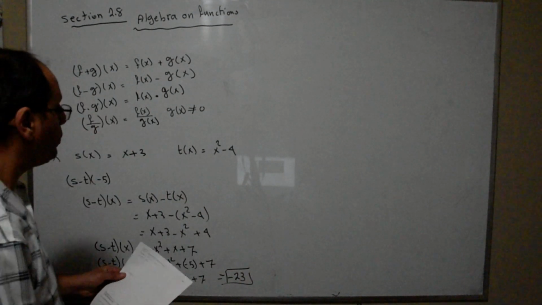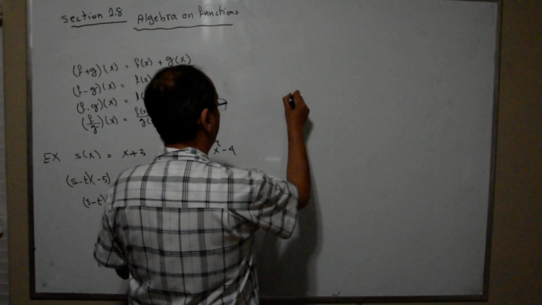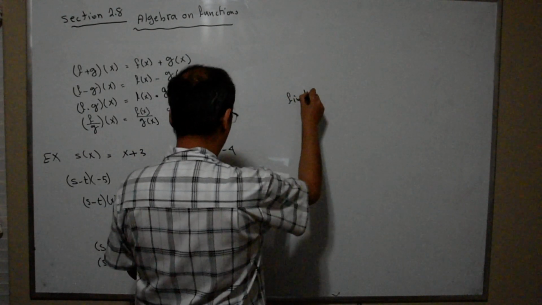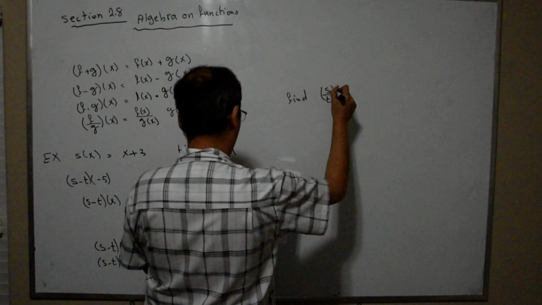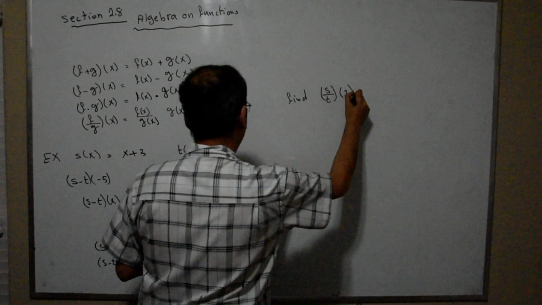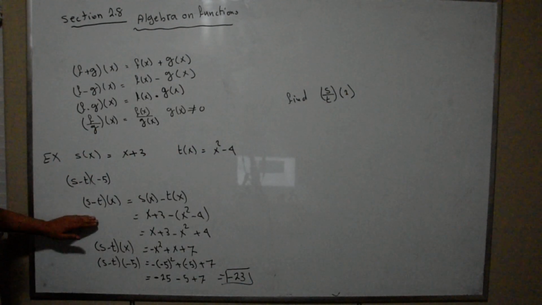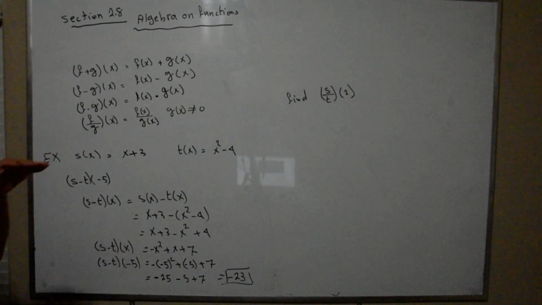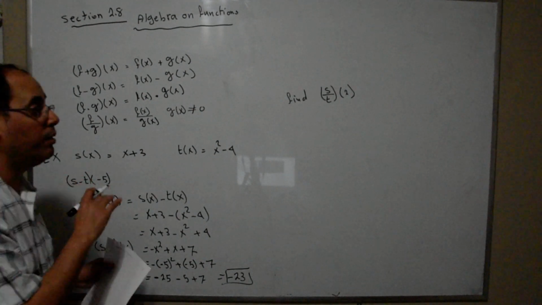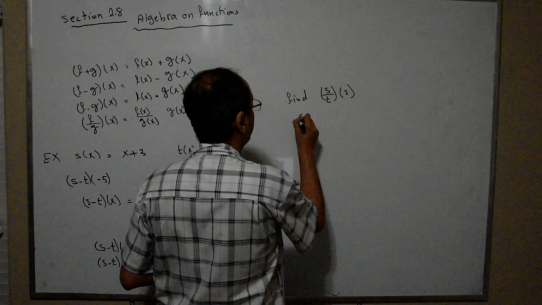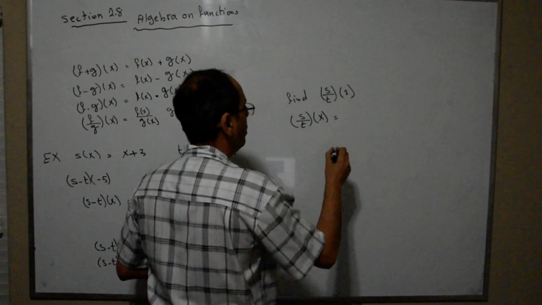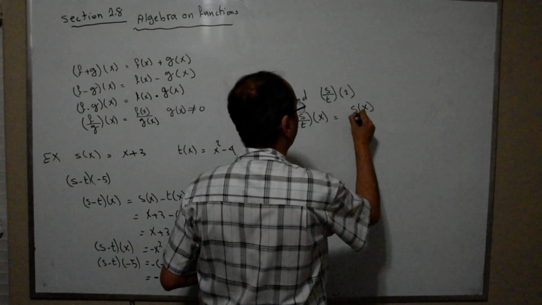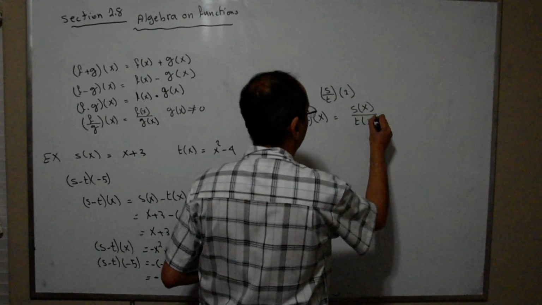Last example, let's find s over t of 2. So the same thing that I have done before, I'm going to compute s over t of x, which is going to be s of x divided by t of x.